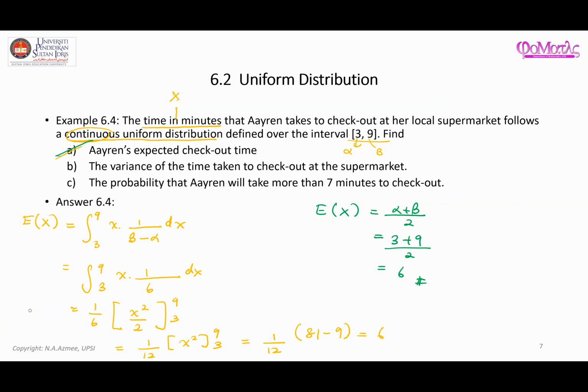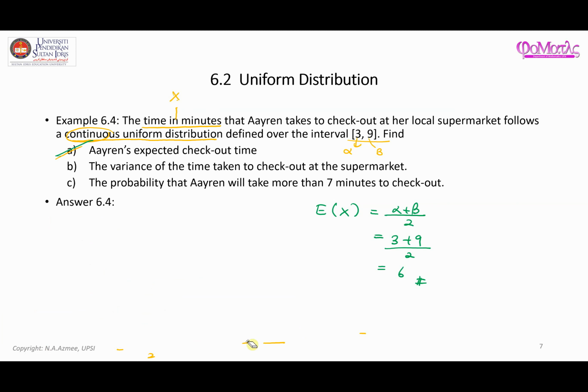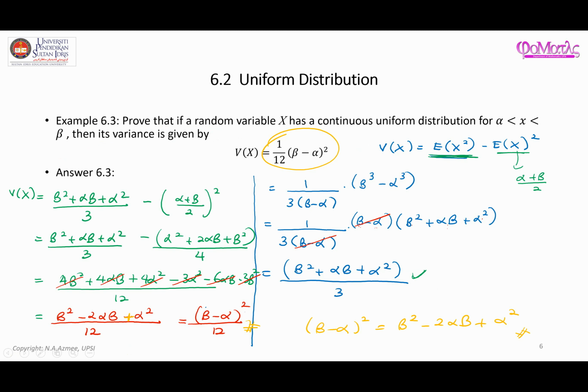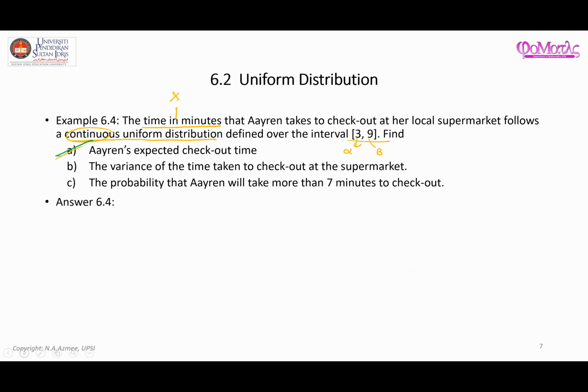Now let us try and answer the next question, which is related to finding the variance of the time taken to check out at the supermarket. I'm just going to use the formula that we have painfully proved in this page. We have done this part, so I'm just going to use that formula.